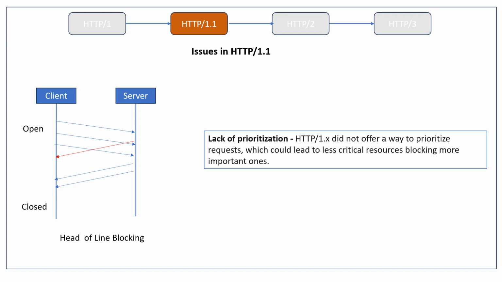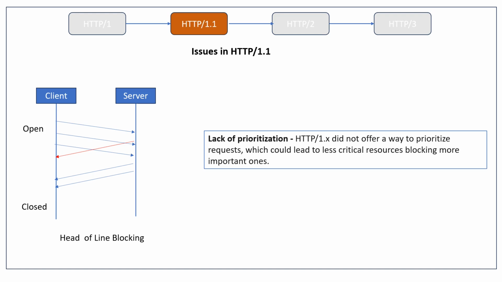And then this version also doesn't prioritize resources. Some resources might be more critical in building a website or web page, but it sends every request or every resource at the same priority level. So you can't prioritize.